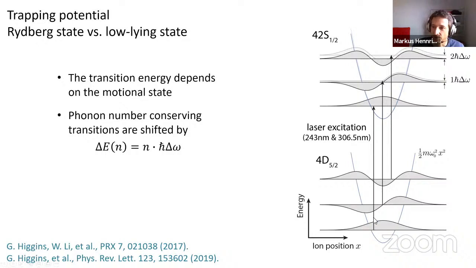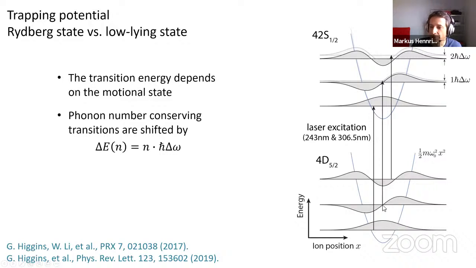Okay, so what does it mean now for the spectroscopy? If you have different phonon number states here in the ground state, for instance, if you start in a 0 phonon number state and you go to a 0 phonon number state in the Rydberg state, then you will have one frequency.